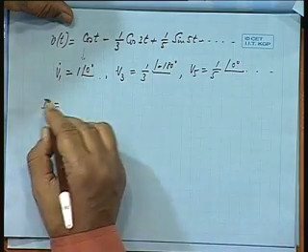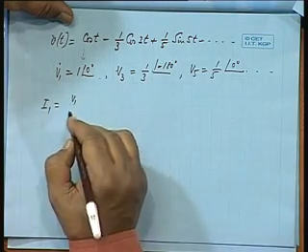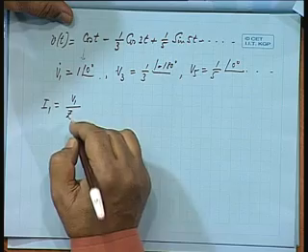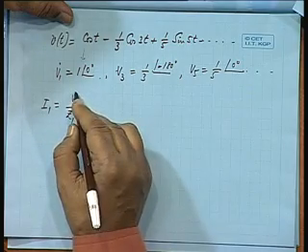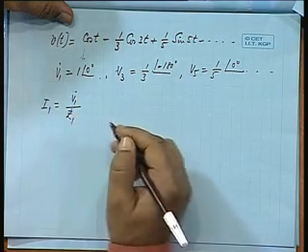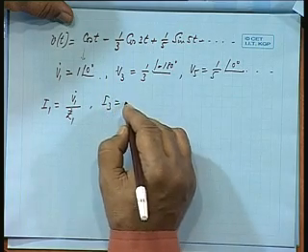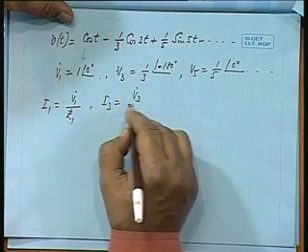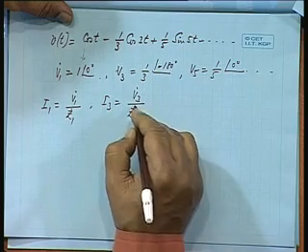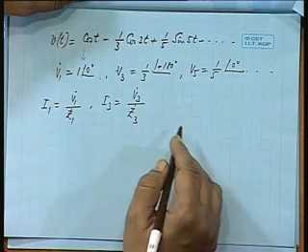So, what will be the current I1 in the RMS sense, in the maximum value sense? We are not taking the RMS value. If you take the RMS value, divide it by root 2. So, I1 will be V1 by Z1, if I call it Z1.